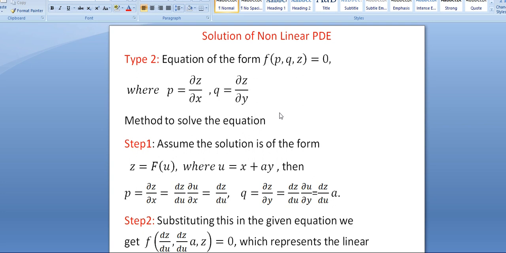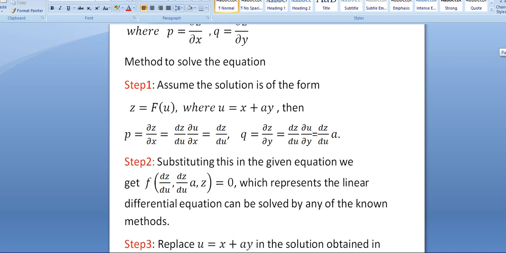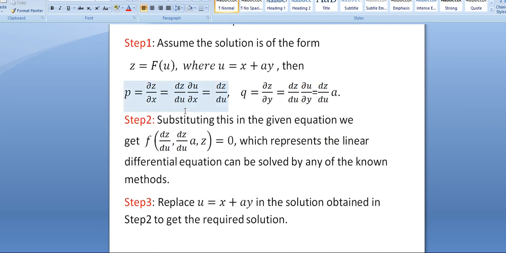Now, we'll assume the solution is of the form z is equal to f of u, where u is equal to x plus ay. Then p will be equal to ∂z/∂x. Since z is a function of single variable u, we can write it as dz/du into ∂u/∂x. Here ∂u/∂x is nothing but 1.